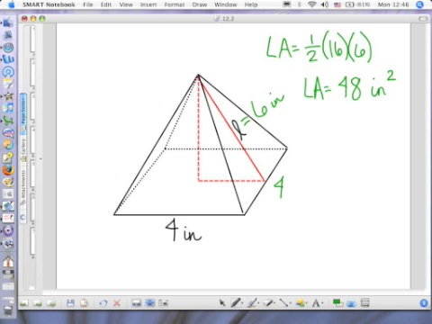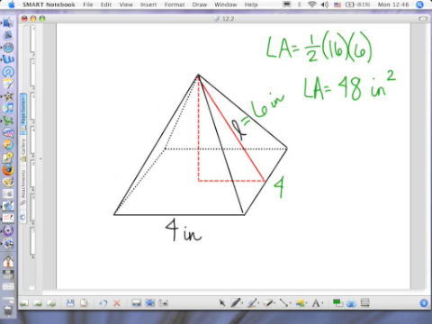Wait, hold on. I thought it was 1/2 perimeter. Your perimeter is all the way around, 4 plus 4 plus 4 plus 4. You're doing area: 1/2 perimeter times the slant height. So your lateral area was 48 square inches.